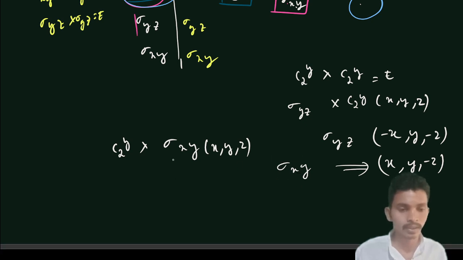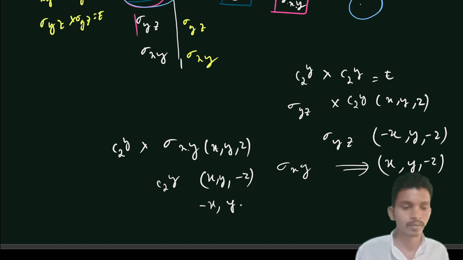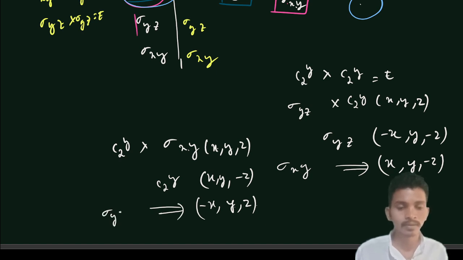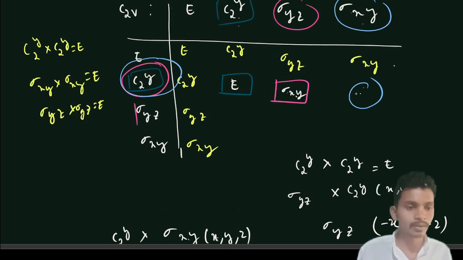Here x and y remain as they are, and z will change, and c2y: c2y means y remains as it is, x and z will change, that is minus x, y, and minus z. Okay, so how will we get this value? The z is remaining on each, means sigma yz. So this value we will get by sigma yz.